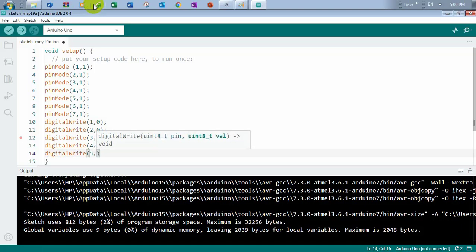And don't forget the semicolon. We do compiling.